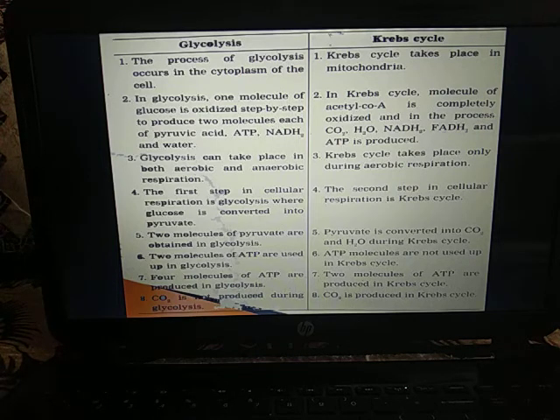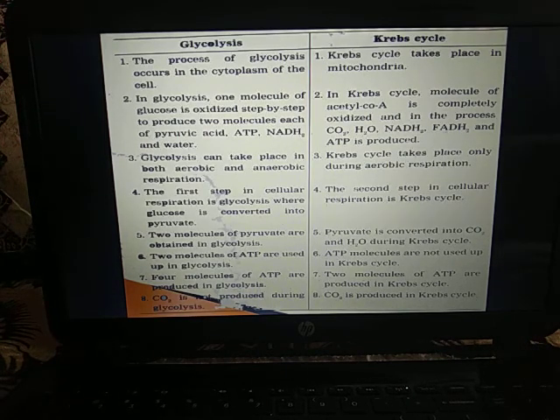The Krebs cycle degrades pyruvate completely into inorganic substances, that is carbon dioxide and water. Glycolysis consumes 2 ATP molecules for the initial phosphorylation of the substrate molecule, while the Krebs cycle does not consume any ATP.